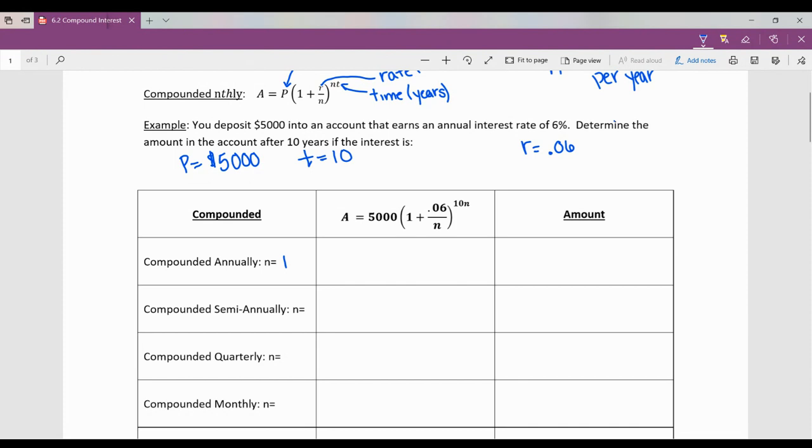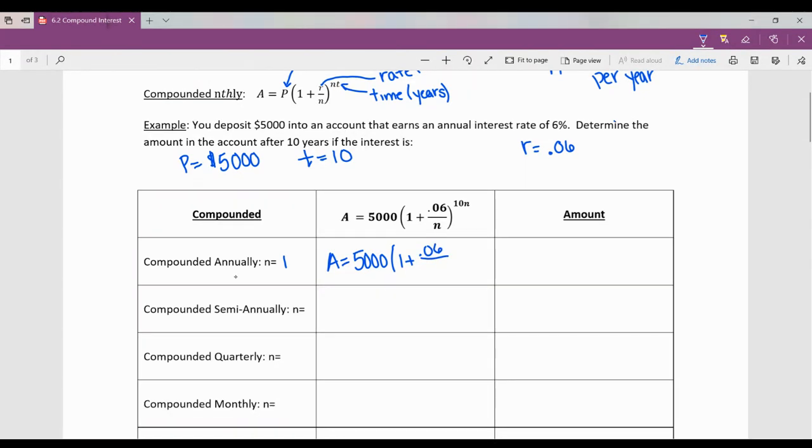So now what this equation did right here in the middle was it plugged in my P is 5,000, my t is 10, and my r is 0.06. Now the only thing that's going to change depending on what it's compounded is my n. So the amount in my account is going to equal 5,000 times 1 plus 0.06 divided by n.